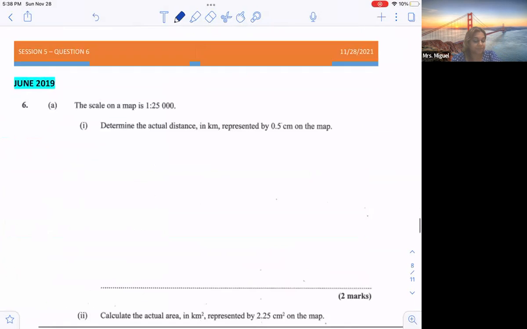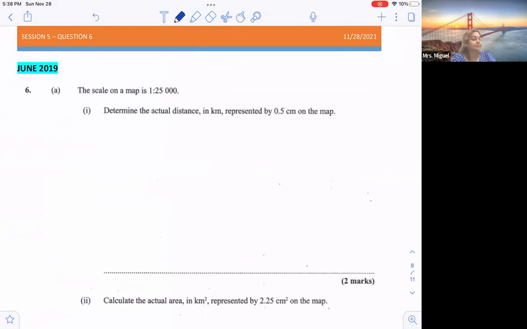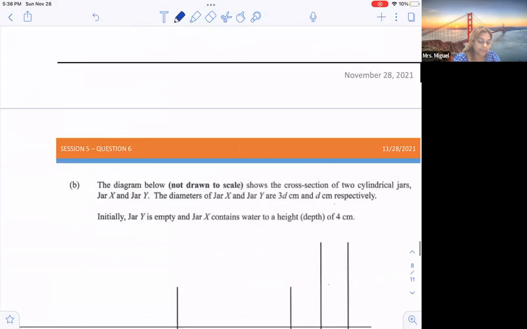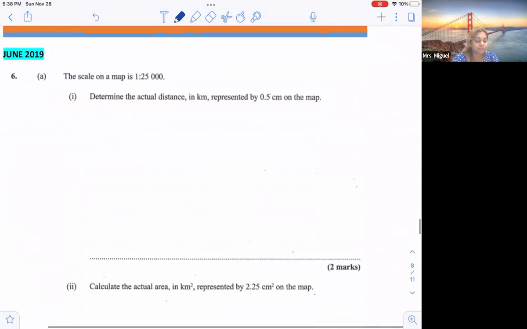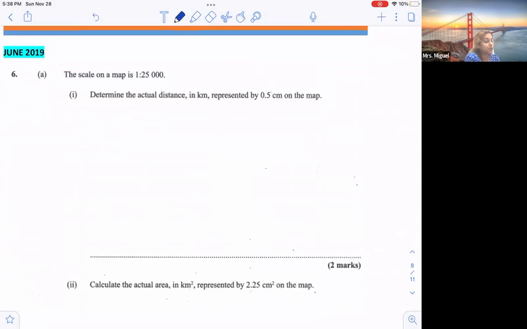All right, let's go. June 2019. All right, and then January. Let's go. June 2019. The scale on a map. So you remember the map is just a representation of the actual, right? So the scale is 1 to 25,000. What does this mean?